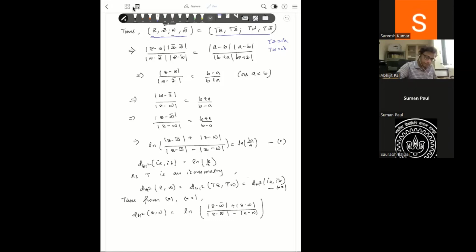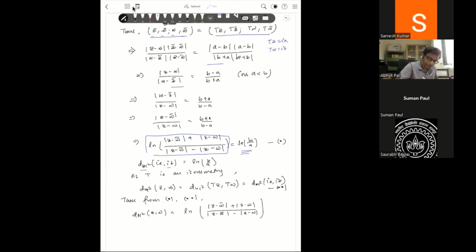Now we do the computation again, and from this we get that the log of this expression is equal to log of B by A. This right hand side is exactly the distance between iA and iB.